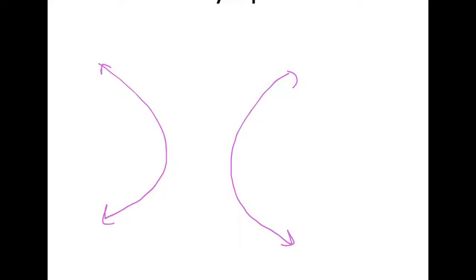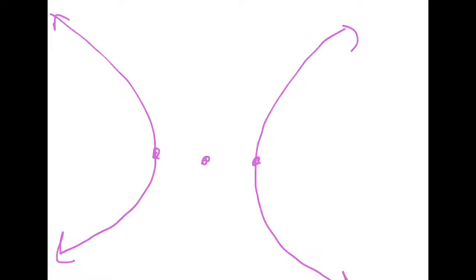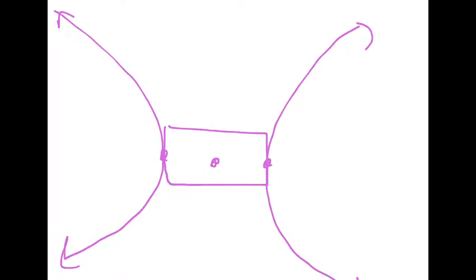So, if you think about our hyperbola, imagine we have a horizontal hyperbola going on right here. We have our two vertices right there. We have the center in the middle. And I want to draw in that box that we mentioned earlier.